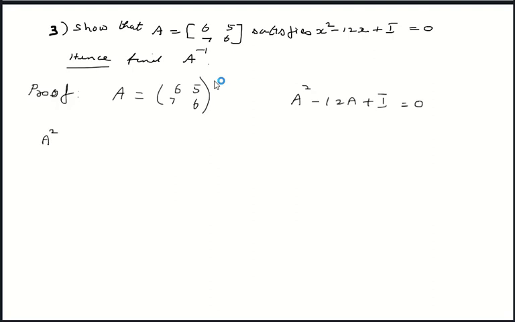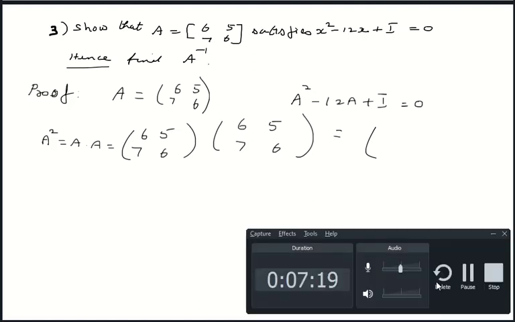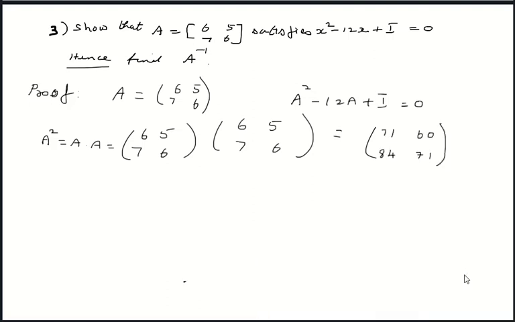So let me compute what is A square. A square is nothing but A into A matrix, which is 6, 5, 7, 6 into 6, 5, 7, 6. If I multiply using matrix multiplication, I get the following result. This is the result I have got after multiplying A into A. It is 71 2 by 2 matrix.